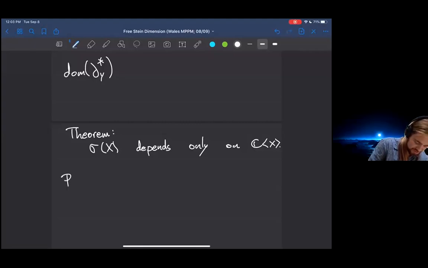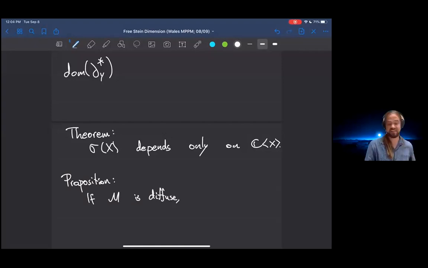Another proposition that you can get by working carefully with this space of derivations, and I'm not going to show you the gory details, is that if M contains a diffuse element, is diffuse, then as a result, the Stein dimension of a generating set of M has to be at least 1.